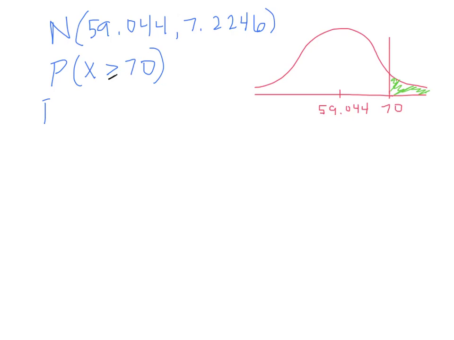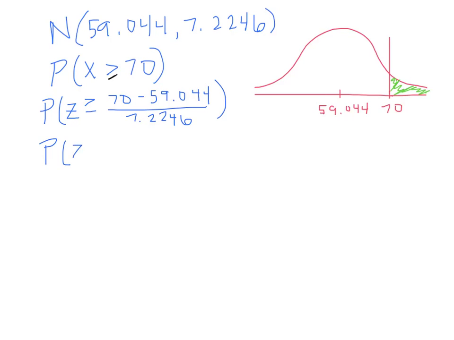So we're going to find the probability that our z-score is greater than or equal to 70 minus our mean divided by our standard deviation. You're going to calculate that to 2 decimal places. Z-scores are always 2 decimal places. And in this case, it looks like that's going to give us 1.52.